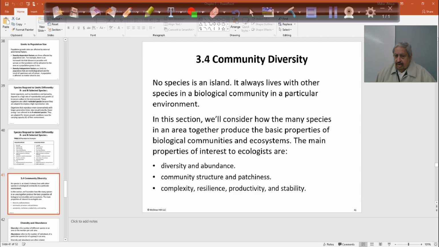The diversity properties of interest to ecologists are diversity and abundance, community structure and patchiness, and complexity, resilience, productivity, and stability. As I say, in order for a community of species to survive, it has to be diverse in order to flourish and grow.